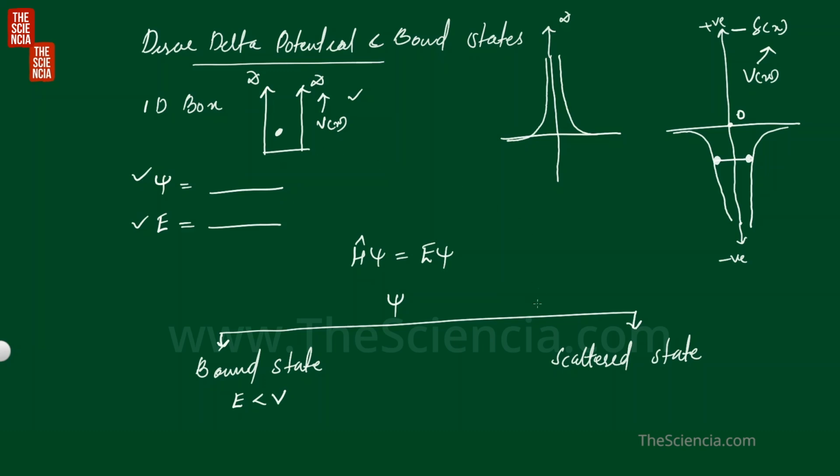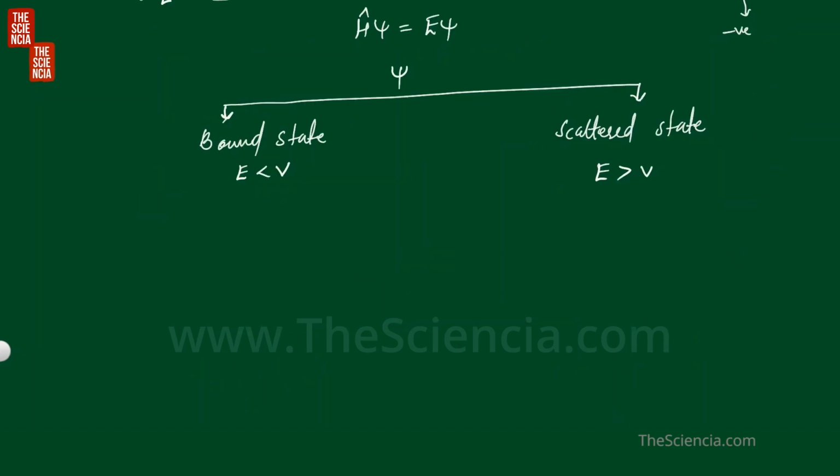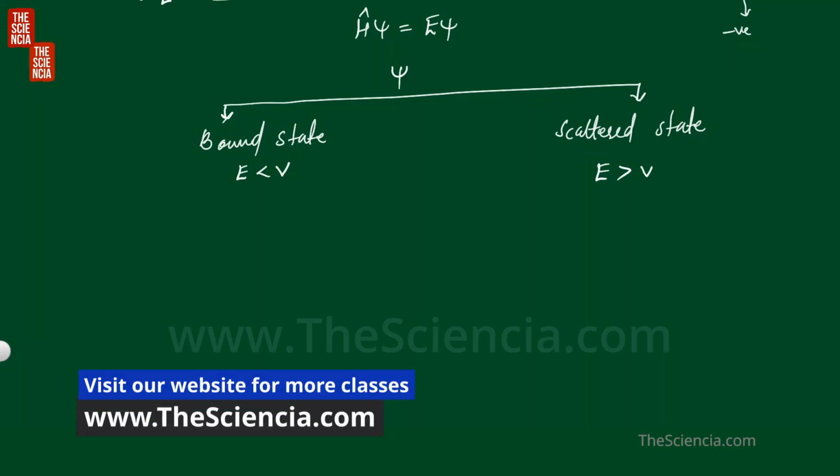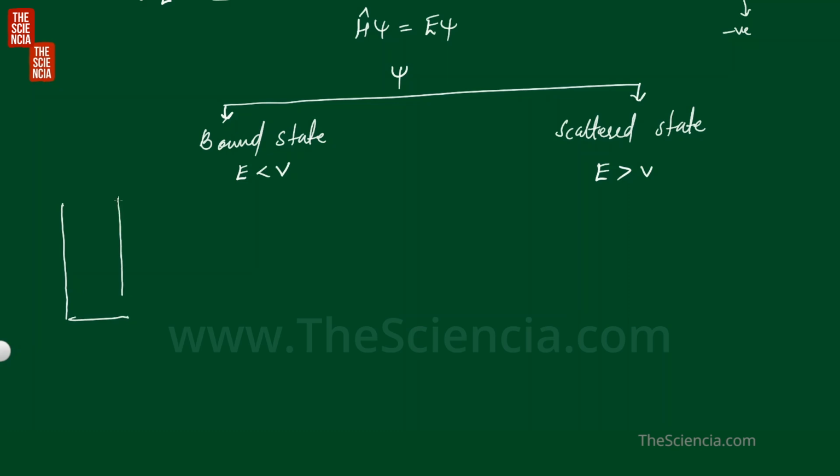And what is a scattered state? A scattered state is a situation where the energy of the particle is greater than the potential well. To understand this idea, I will tell you some real life things. That is, if you are in a well. See, you are here.